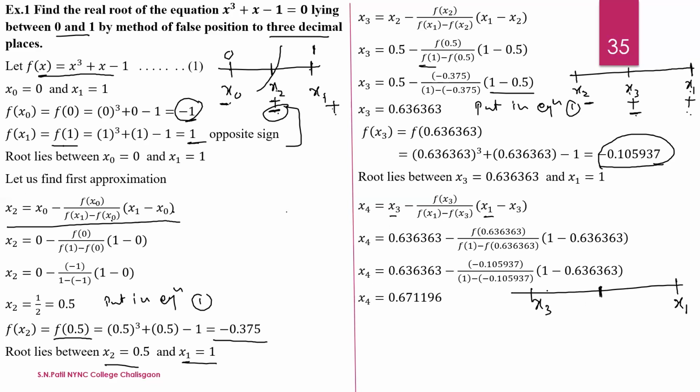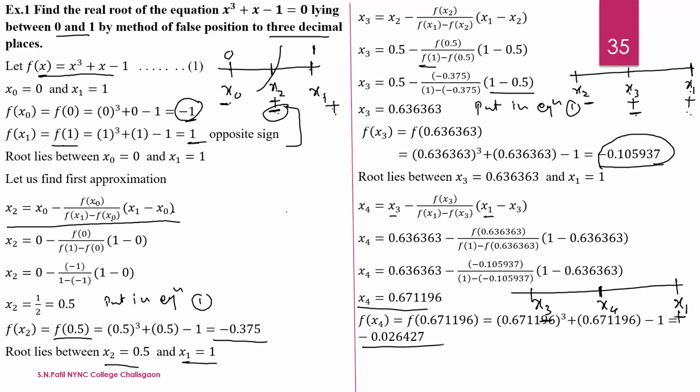Okay. Now see, this is x3, and this is x1. Now the position is shifted here, x4. Okay. Now x3 is negative. We have calculated its image is negative and the image of x1 is positive. Now let us see what we get as the image of x4. Now put this value in equation number 1. Substitute here, then we get the negative value.